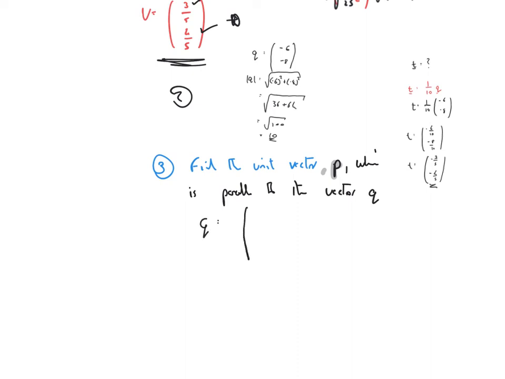So what we're going to say is that the components of Q then is minus 4, 6. Okay, first move, let's find the magnitude of Q.